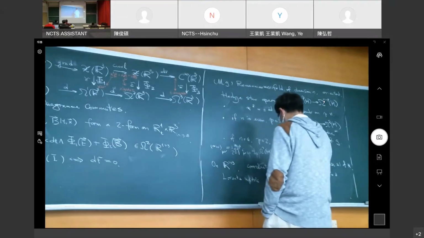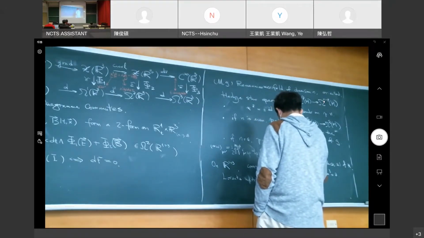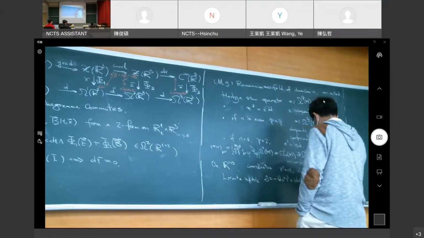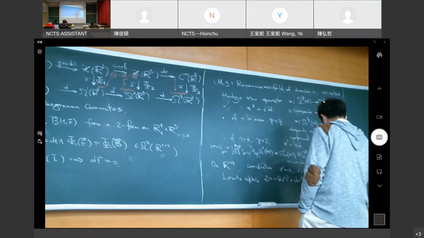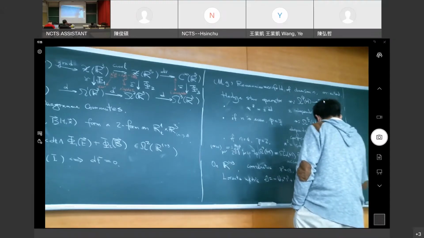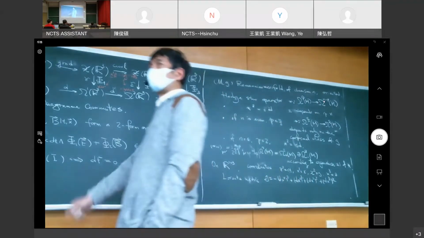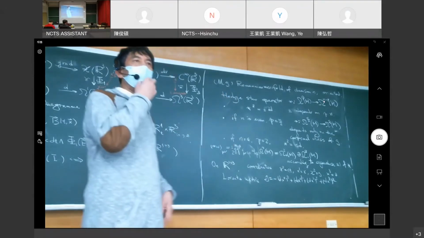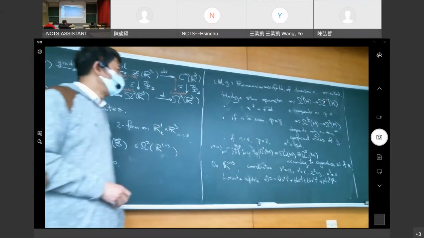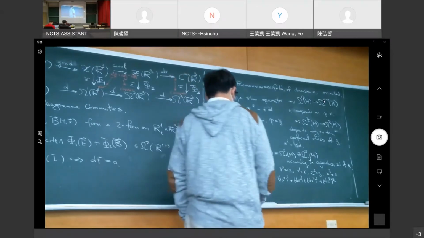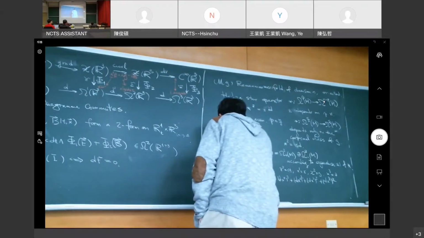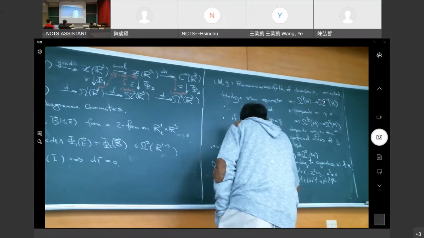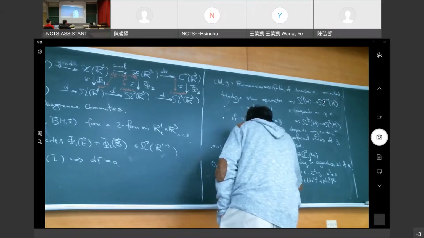And that is g equal to minus dx0 squared plus dx1 squared plus dx2 squared plus dx3 squared. So if you use the same formula for the Hodge star, then you find out that Hodge star squared is minus the identity on the 2-forms.